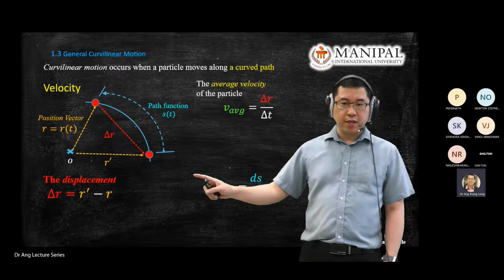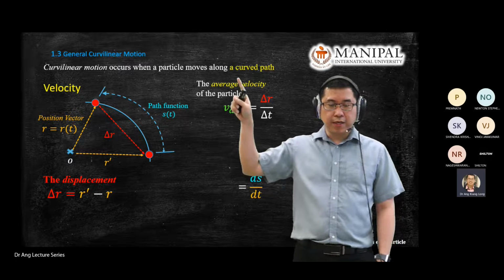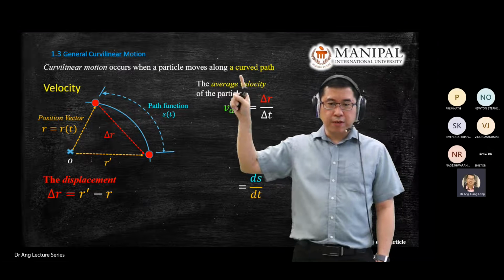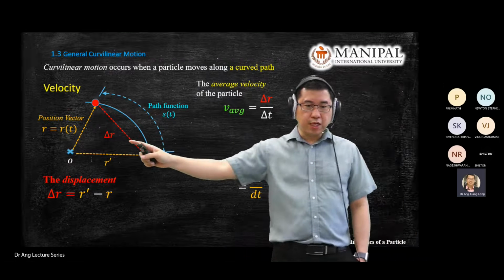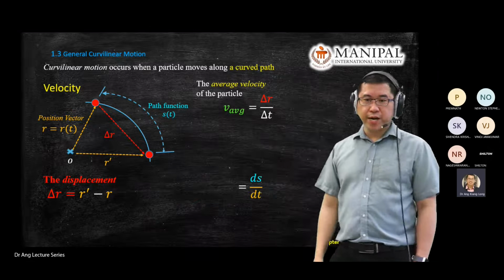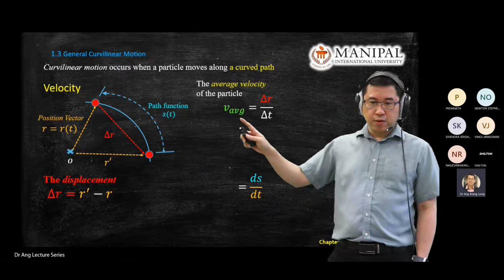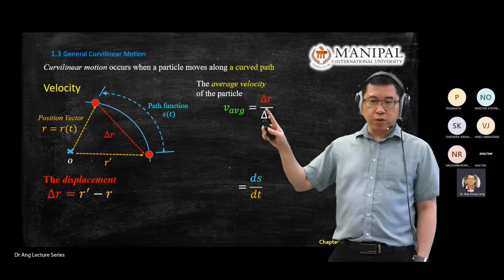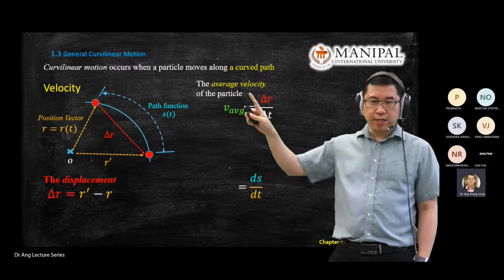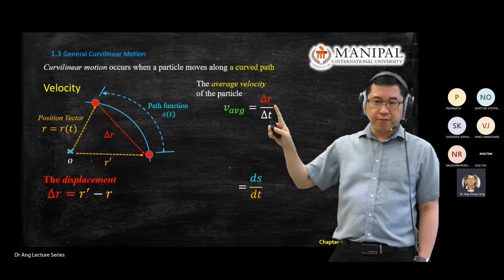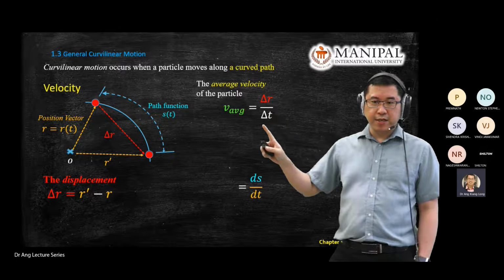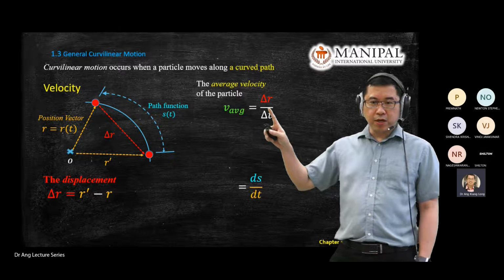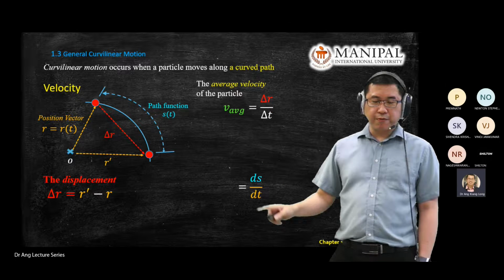In this case, we no longer talk about a straight line, we talk about a curve. So for curve displacement, we use delta R, the change of radius vector. So average velocity equals displacement over time. For a curved path, we use delta R instead of delta S.